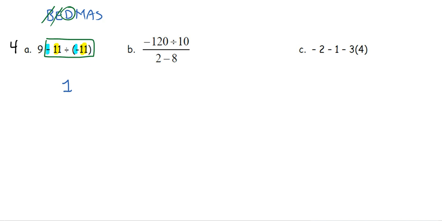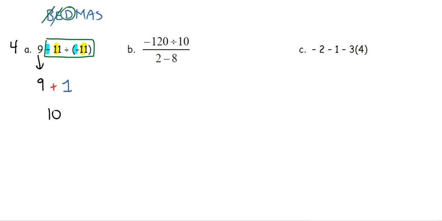I have 2 negative signs. If you have 2 negative signs, then your final answer will be positive. Okay, so negative 11 divided by negative 11 is going to be positive 1. And after that, you just simply bring down the 9. And 9 plus 1 is going to be 10. And that's how you do question number 4A.